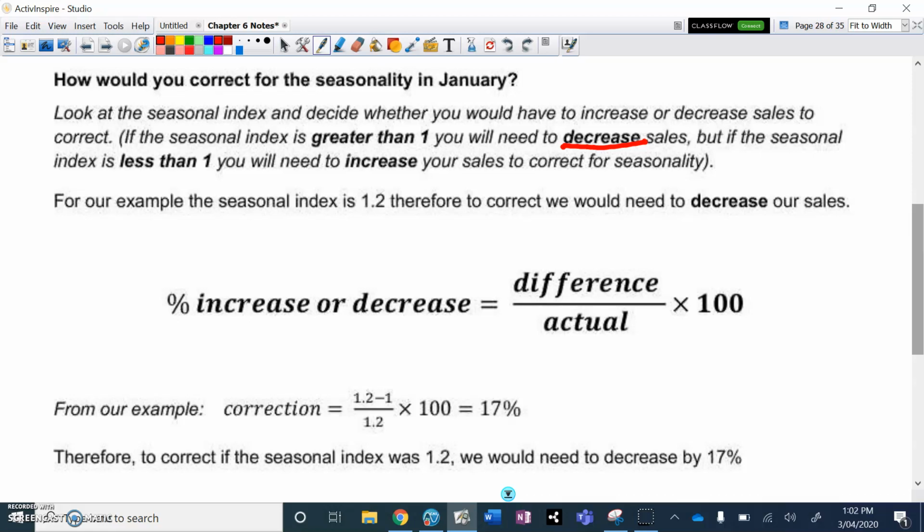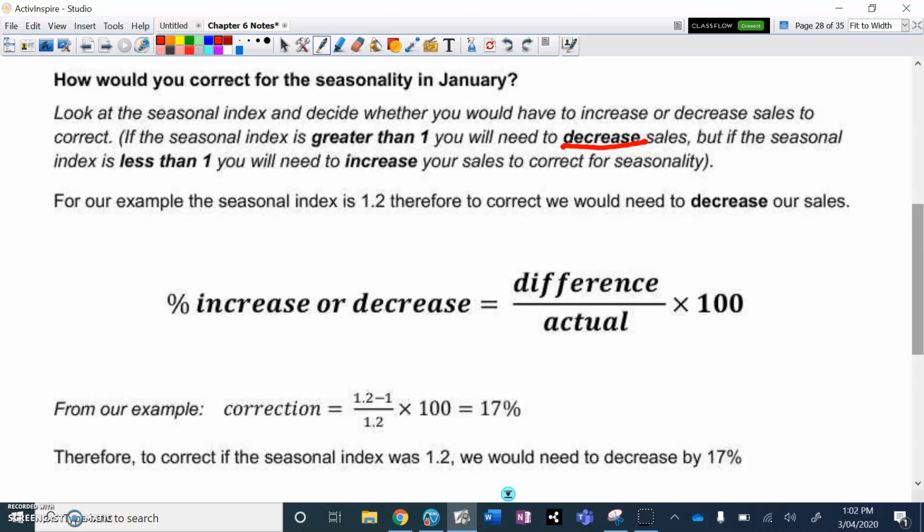So we need to figure that out. That's always a trick question in an exam. They'll always say if you've got a seasonal index of 1.2, you need to do what? And you'll have five little options. Definitely one of them will be decrease by 20%. That is the trick answer, so don't pick that one. It's never, ever the same percentage as what you think it should be.